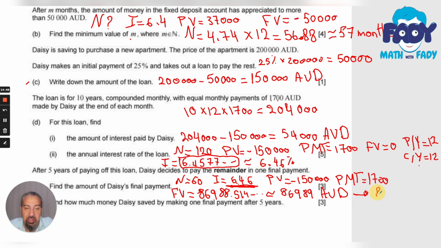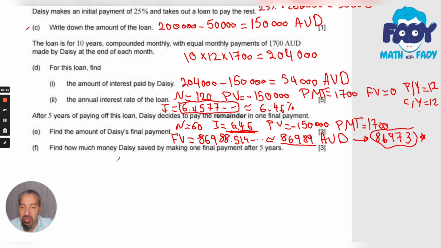You would receive in the calculator 86,973. Both answers are correct. So you will receive this if you use the full interest rate that you received from Part D. But if you use only 6.46, you'll receive 86,989, and both answers are correct.